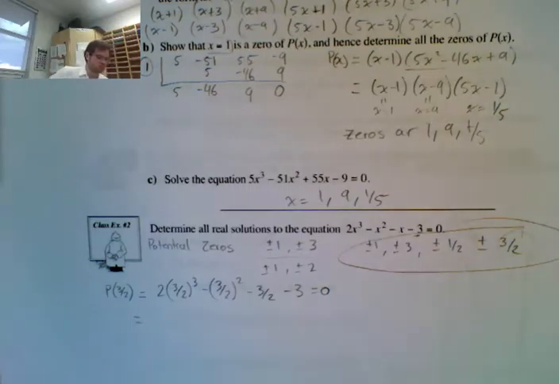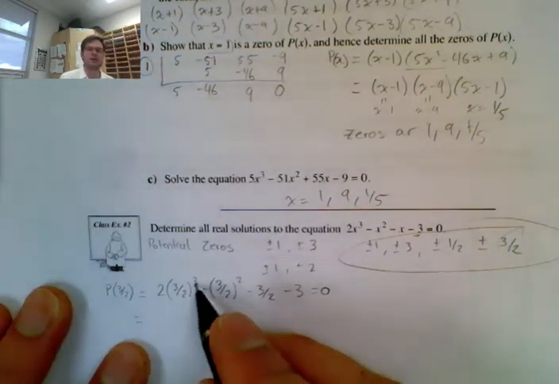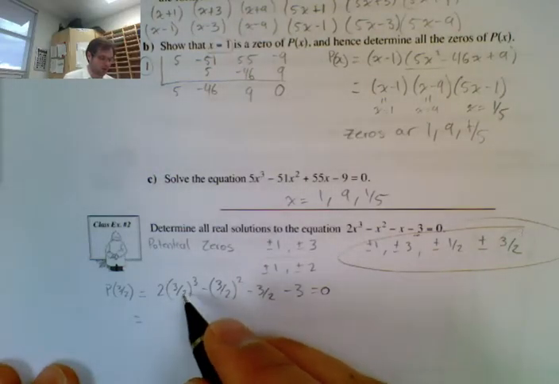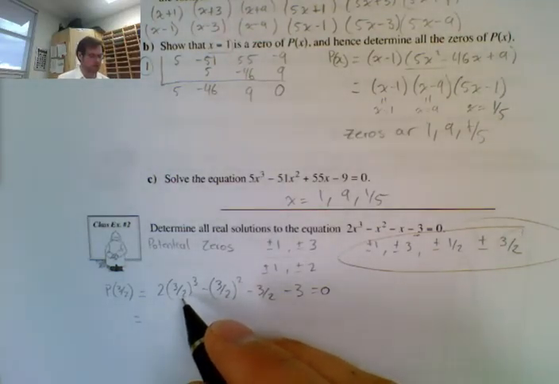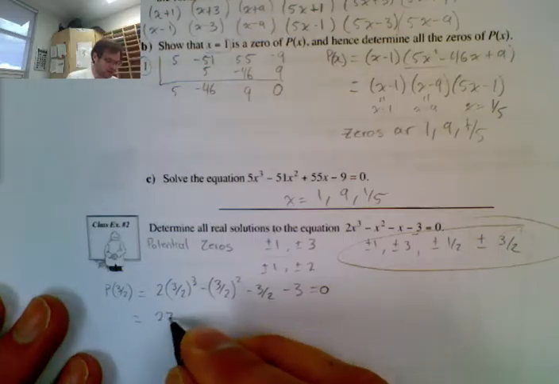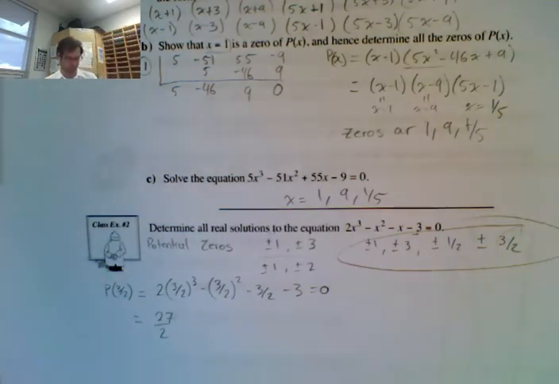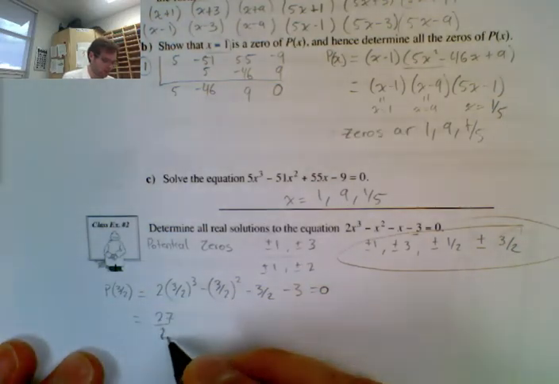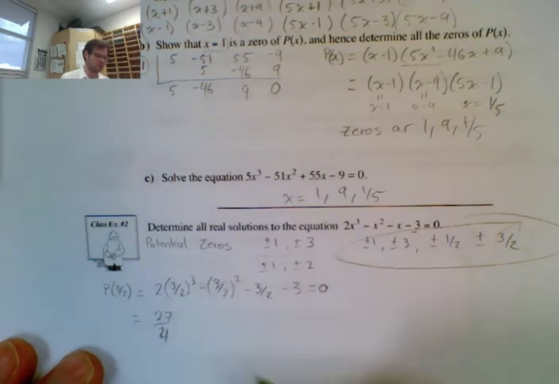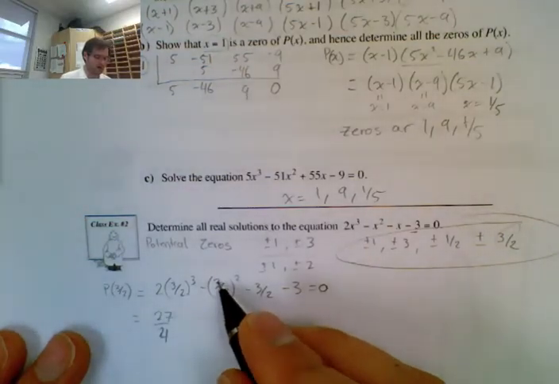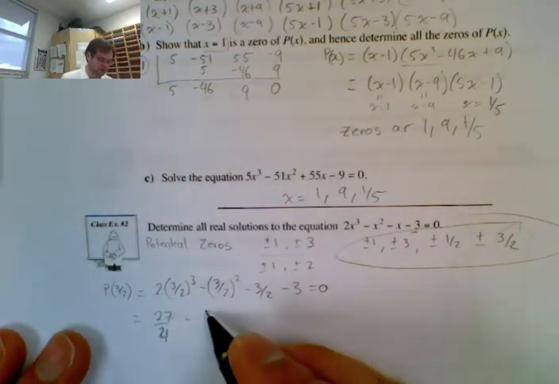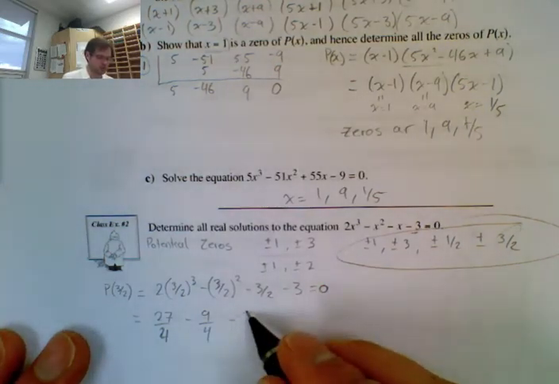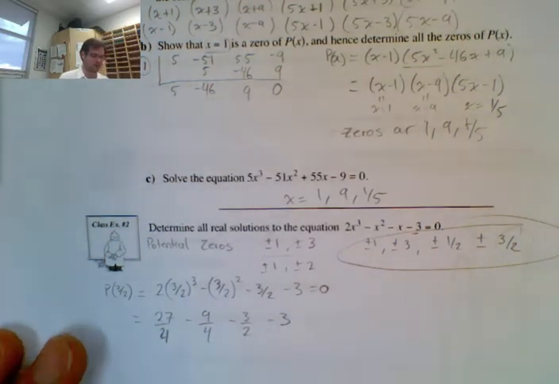Okay, so we look at this here. 3 cubed is the same as 27, and divided by 8, but then we times by 2, so it's going to be 27 over 4. 3 squared is 9, 2 squared is 4, then we have subtract 3 over 2, and then subtract 3.